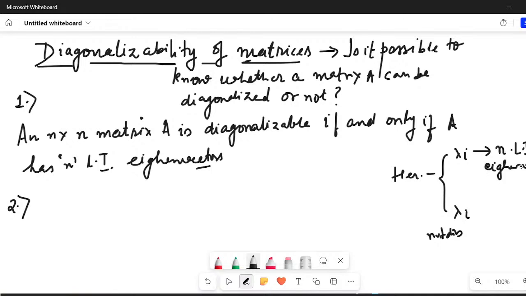This is something that we have done in the eigenvalues. Even if there are some eigenvalues with multiplicity R, these will generate R linearly independent orthogonal eigenvectors, plus there would be some n minus R other eigenvalues which are distinct.